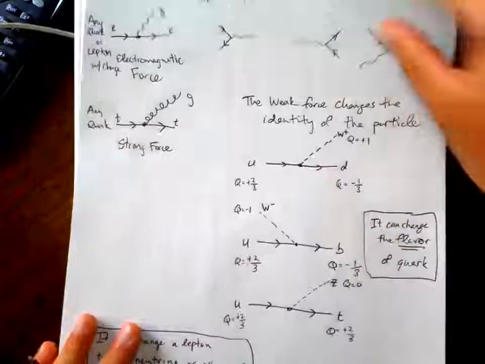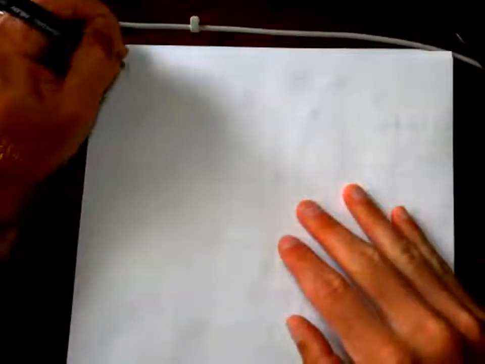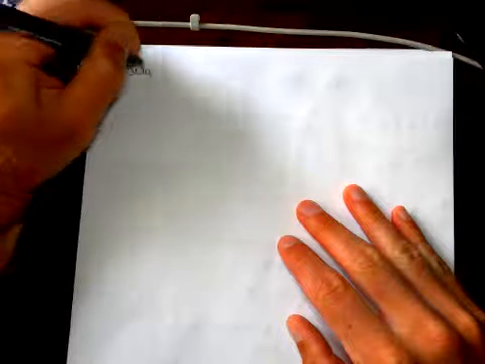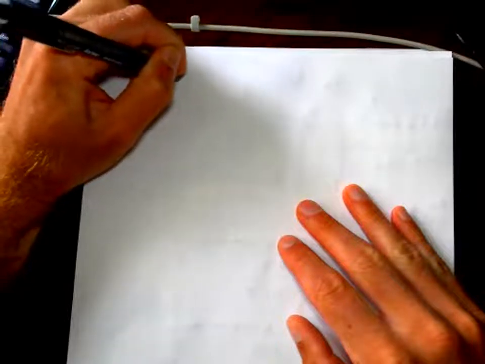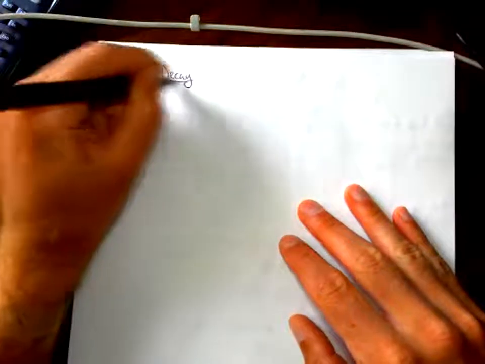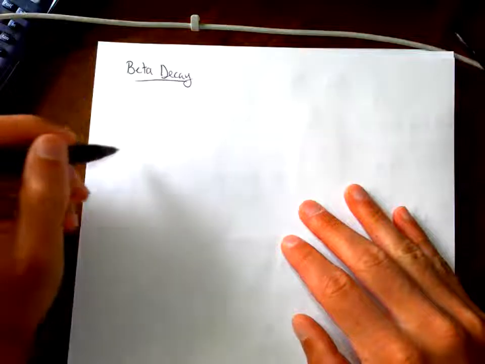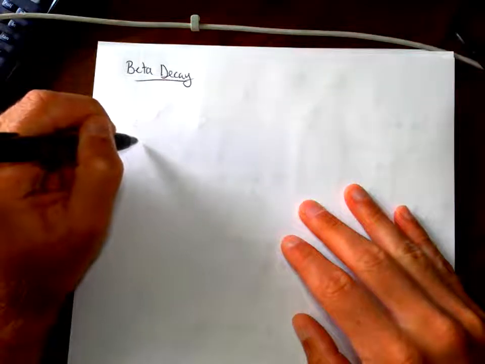Okay, so I'm going to show you a really important Feynman diagram, which is the Feynman diagram for what is called beta decay. All right, so this is what the Feynman diagram for beta decay looks like.